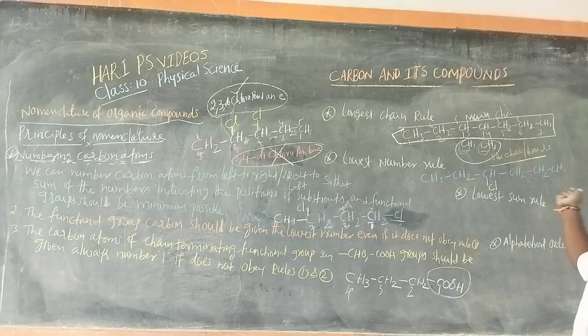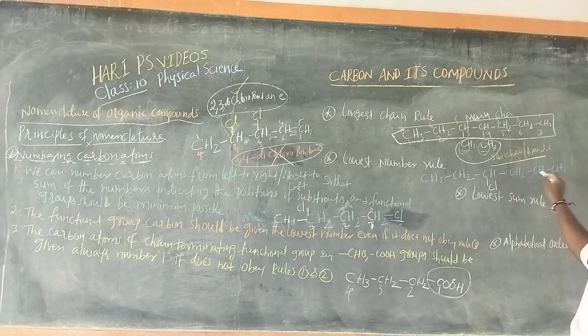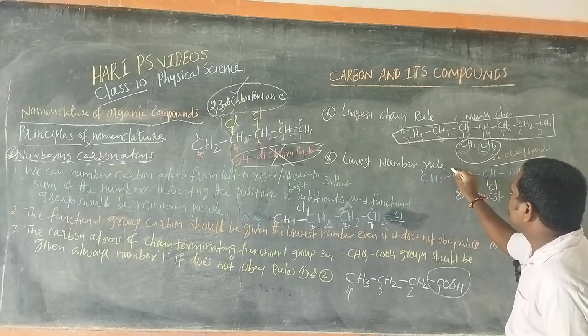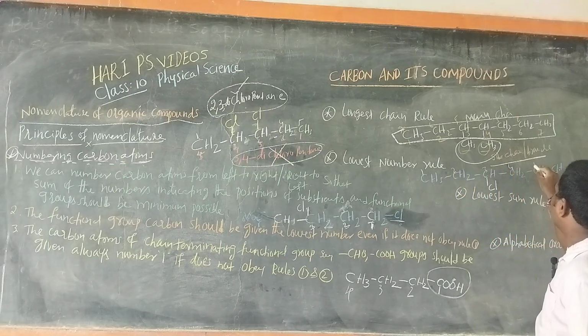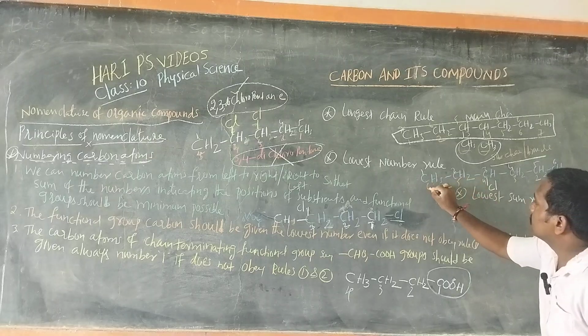So count the carbon atoms from left to right and right to left. Left to right 1, 2, 3, 4, 5, 6. Then count from right to left 1, 2, 3, 4, 5, 6.